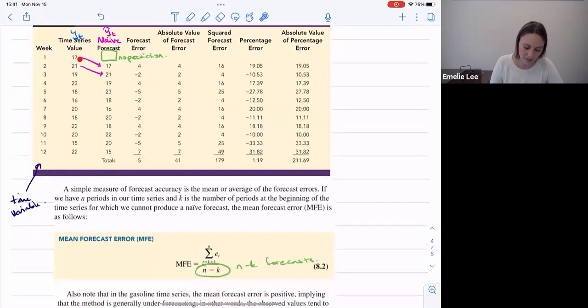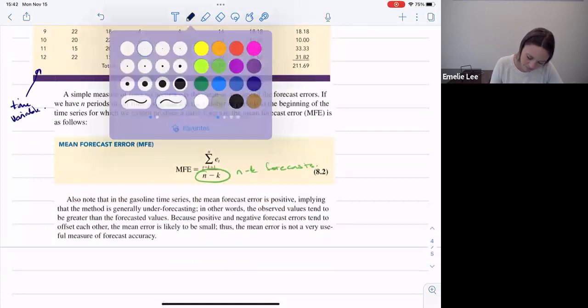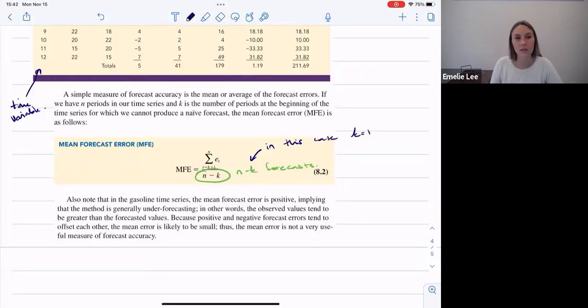For now, the most basic forecasting tool that we have is just looking at the previous week and using that as our forecast. Later, we're going to develop more sophisticated rules. So in this case, k is 1.